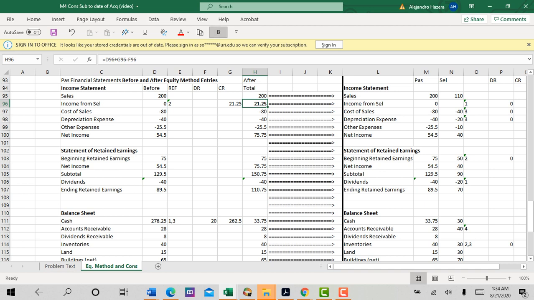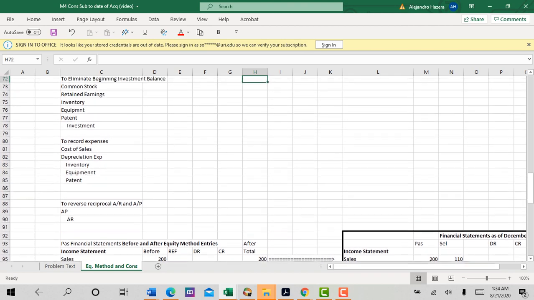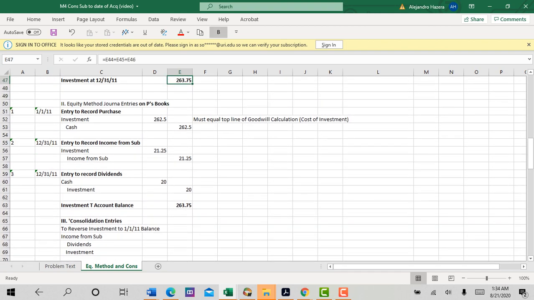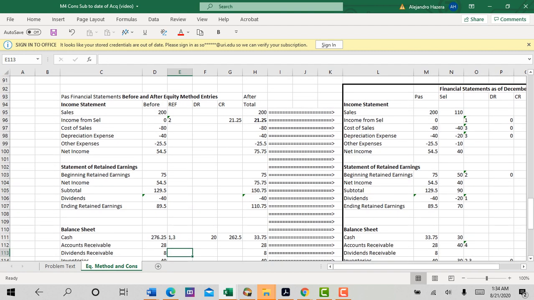We also have a balance in our investment account of 263.75. Let's make sure that equals the balance I have up here. It does: 263.75, T account balance and the analysis balance. So we look to be fine in all these accounts.